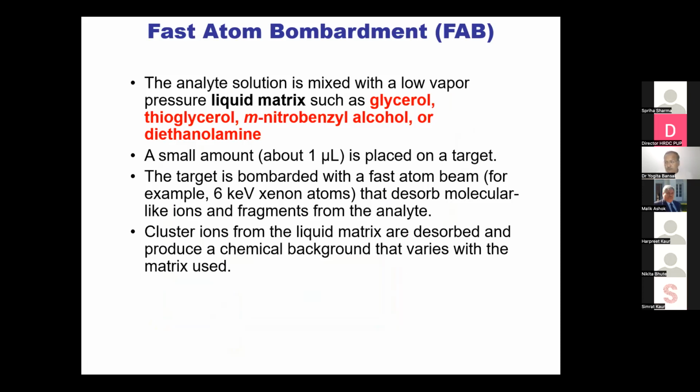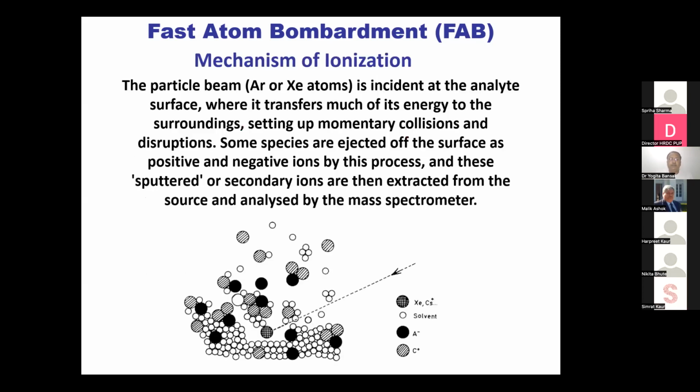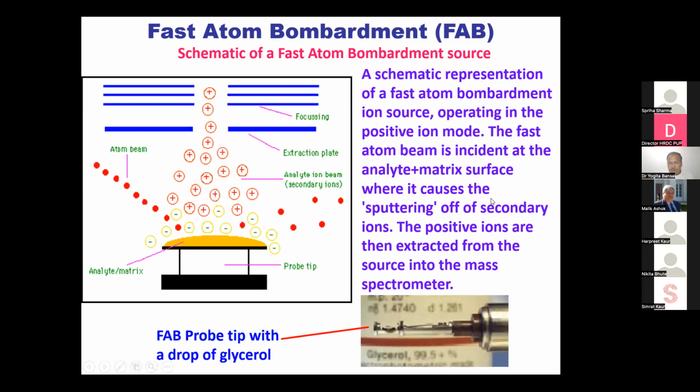Another, second type of ionization mode is fast atom bombardment. In fast atom bombardment, the analyte solution is mixed with a very low vapor pressure liquid matrix such as glycerol, thioglycerol, or so on, and that liquid, of a very low volume, around 1 microliter, is placed on, I'll show you the tip here.